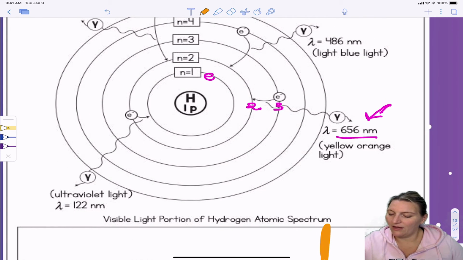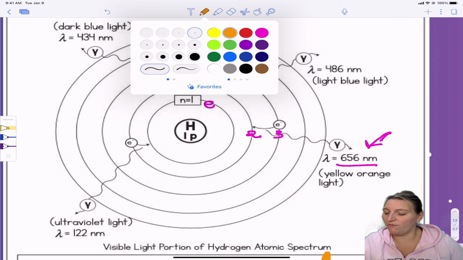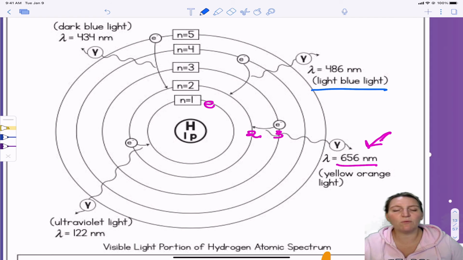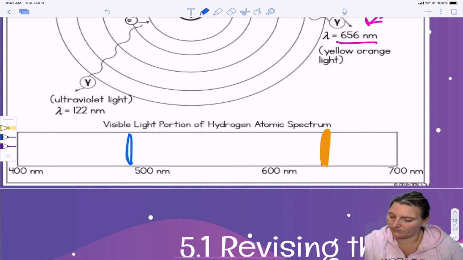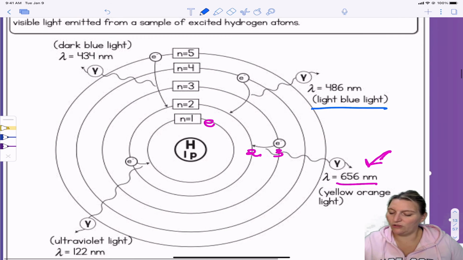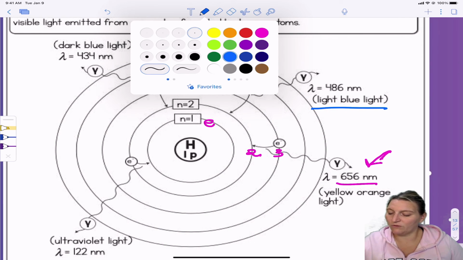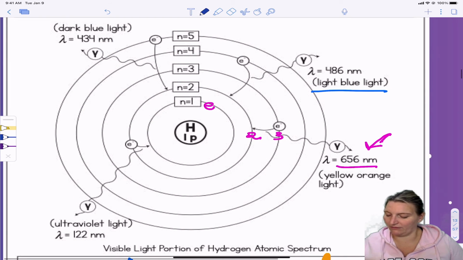And then it will sometimes fall from the fourth energy level back down to the second energy level. And that's where we see this bluish green energy band at 486 nanometers. The dark blue band comes from when it goes from, let's say, the fifth energy level down to the second energy level.